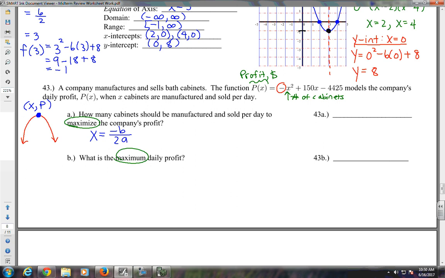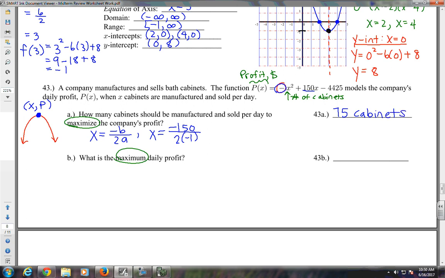So in this case, negative b is going to be negative 150. I'm looking at the coefficient of x there. Divided by 2 times a. a is negative 1. So negative 150 divided by negative 2 gives me 75. So they need to make 75 cabinets.